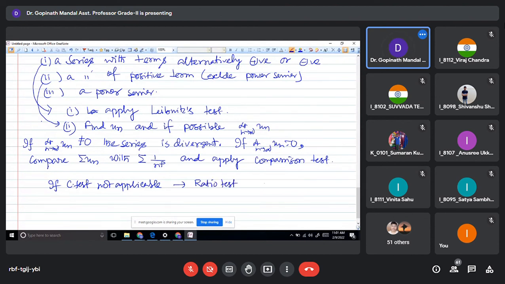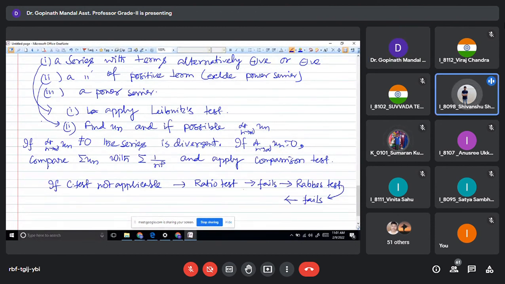If the ratio test fails, then apply the Raabe's test. If Raabe's test fails, then apply the Gauss test.